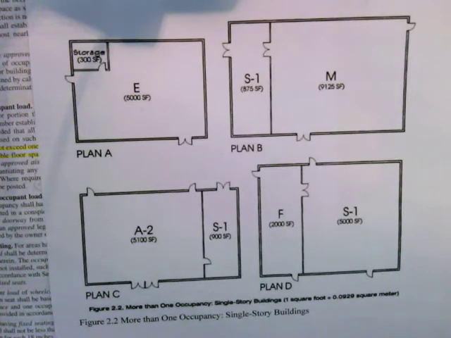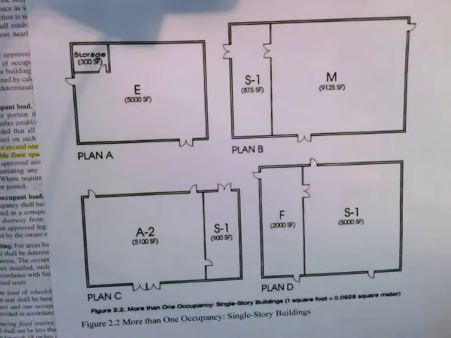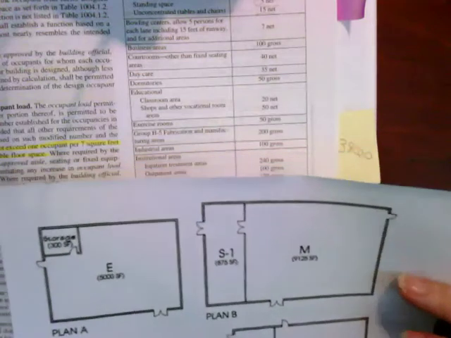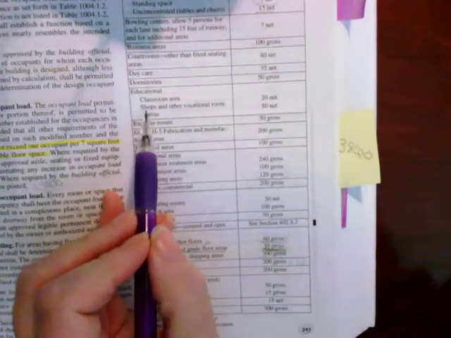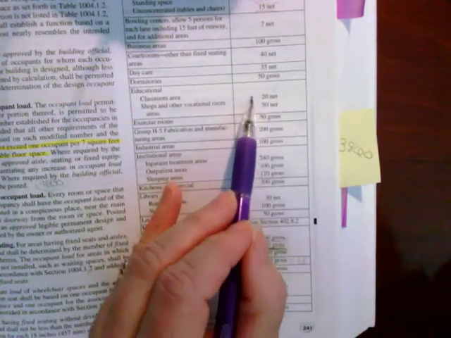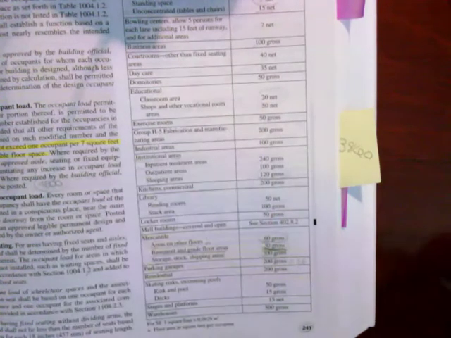But the occupant load, of course, is determined by the square footage of the space. So if you're looking at this, table 104, we have to come over here and look at educational. An educational classroom area is 20 net.